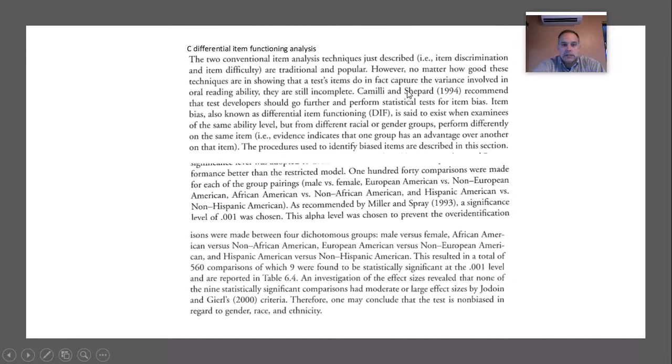They cite this study on going further and performing statistical tests for item bias, otherwise known as differential item functioning. So item bias is said to exist when examinees of the same ability level but from different racial or gender groups perform differently on the same item. Evidence indicates that one group has an advantage over another.